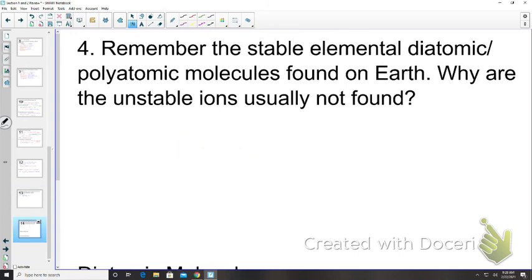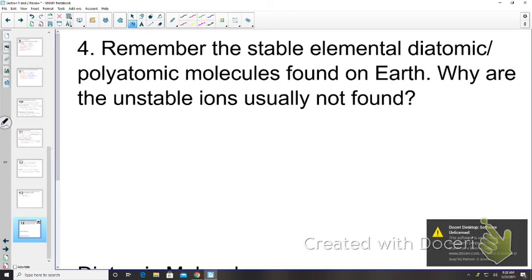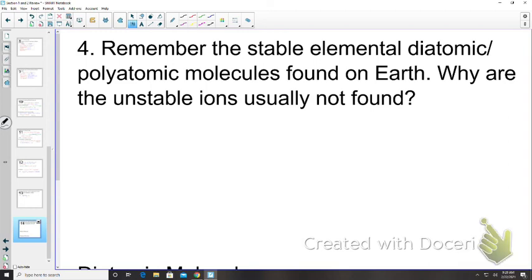And then lastly, we have our elemental diatomic and polyatomic molecules on Earth. Does anybody remember those guys? Remember our 7 here? Sinister 7. So sulfur, phosphorus, nitrogen, oxygen, fluorine, chlorine, bromine, and iodine.